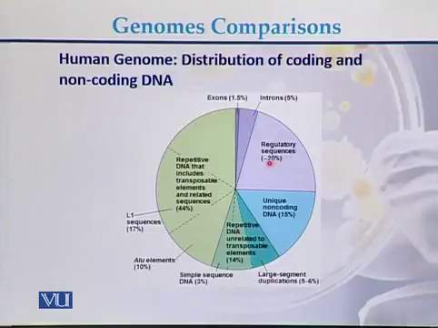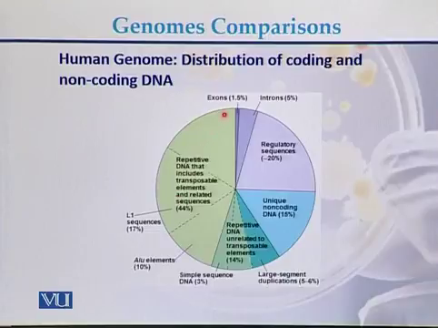Approximately 20% of the human genome is regulatory sequences. Unique non-coding DNA is 15%. There are large segment duplications of up to 5%, and simple sequence DNA is 3% of the genome. ALU elements are 10% of the genome, and L1 sequences are 17% of the genome.